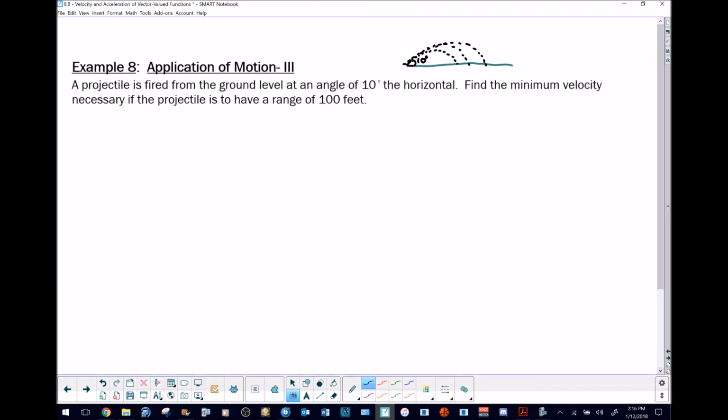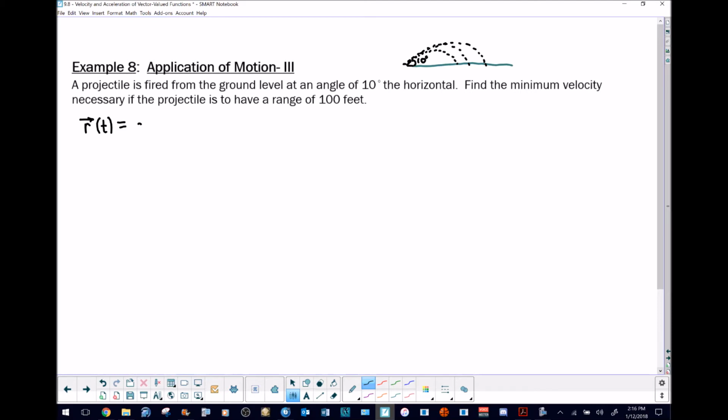First things first, let's get started with a position vector valued function. With my students, I use the vector r of t. It's not really important what letter you use. I know a lot of classrooms might use s of t for position. That's perfectly fine. But we need to remember that there is an i and a j component unit vector that we're going to employ. We will first start off with the initial force with which we shoot this projectile, and that's a force that we don't know.